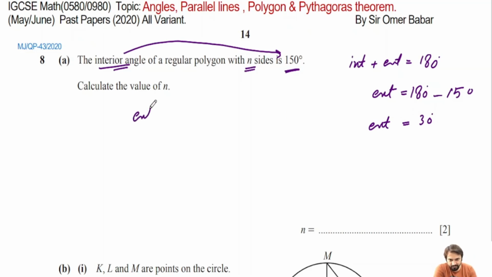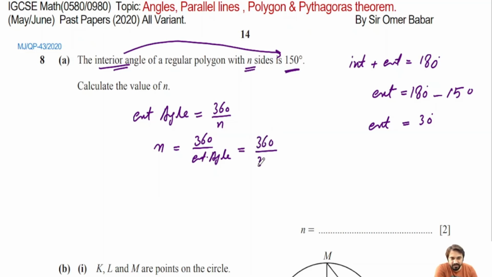Now we have this formula, exterior angle is equal to 360 divided by n. Modify it, and we have n is equal to 360 divided by the exterior angle. Now putting in the values, 360 divided by 30, the 0 can be cancelled out. We have 36 over 3. We can further cancel, 3 one time, 3 two times, and we get 12. So this regular polygon has 12 sides.